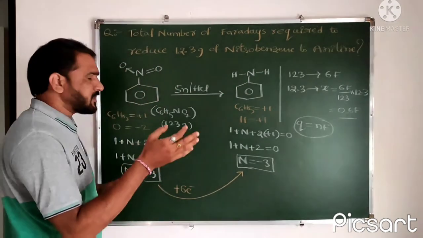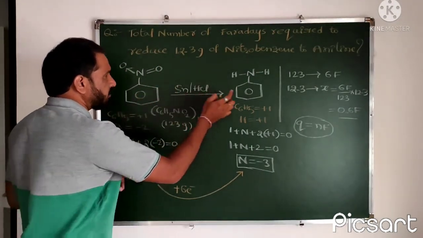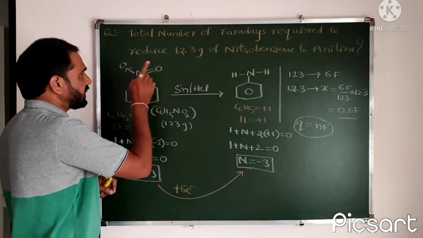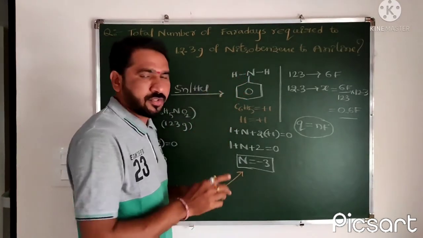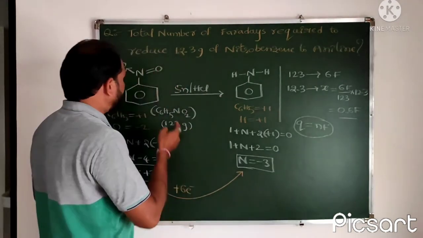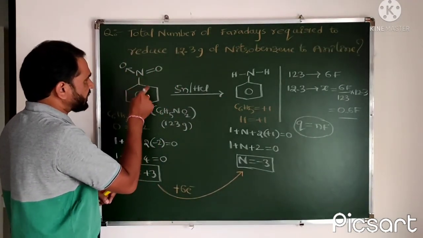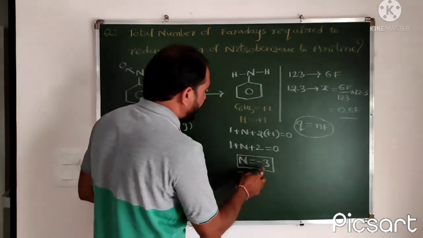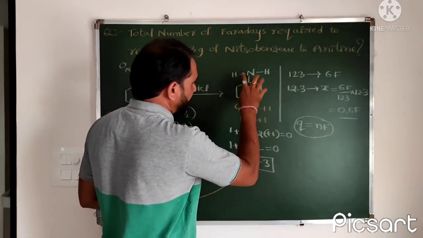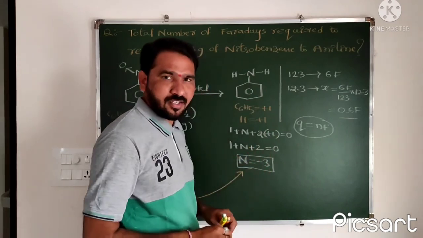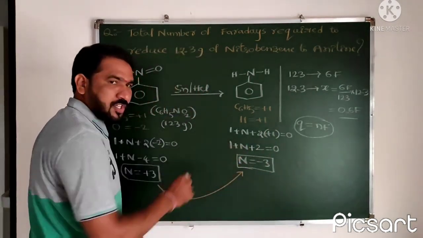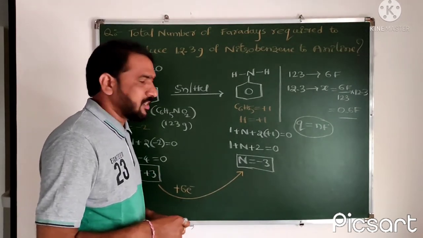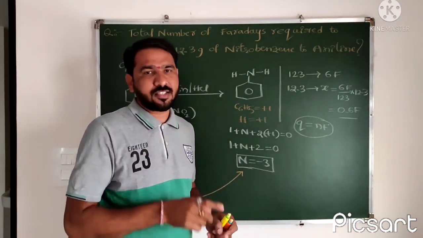There is no change in oxidation state of the phenyl ring on both sides, no change of oxidation state of oxygen, and no change of oxidation state of hydrogen. But the nitrogen in nitrobenzene, oxidation state +3, is converted to nitrogen in aniline, oxidation state -3. So 6 electrons are gained, and the n factor is 6.